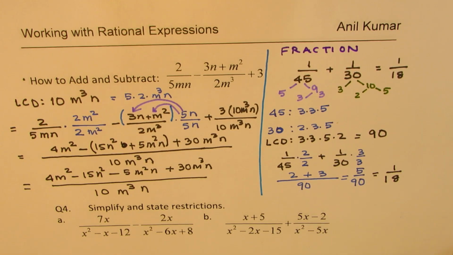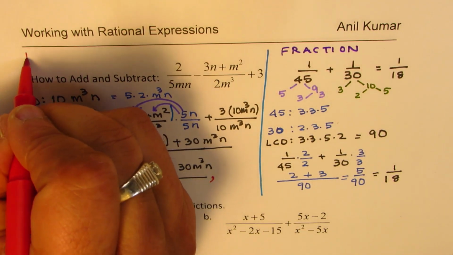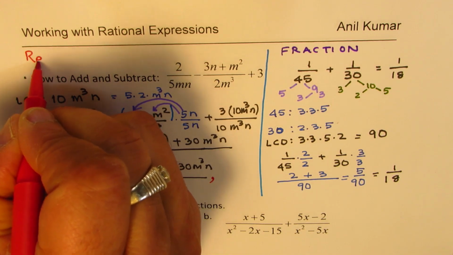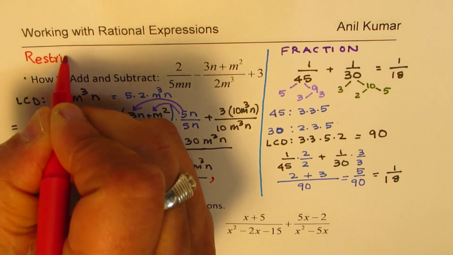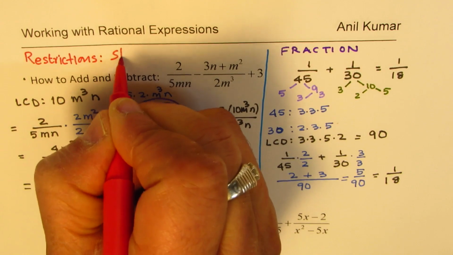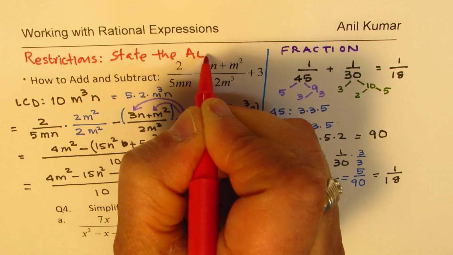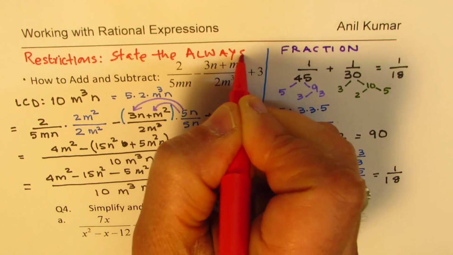The second part here is to write restrictions, right? So don't forget that. It is not specified, but you need to state restrictions. I'll say state them always. Right?